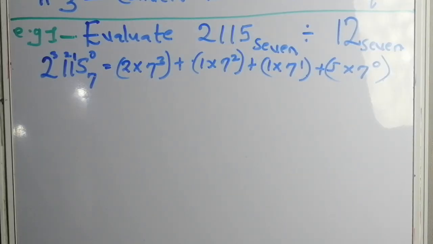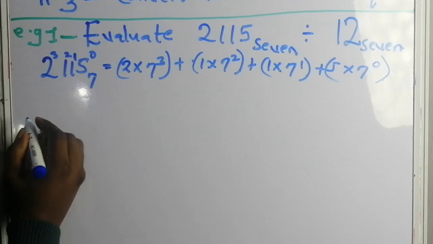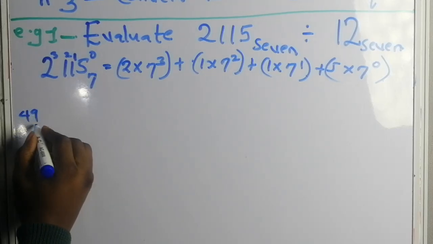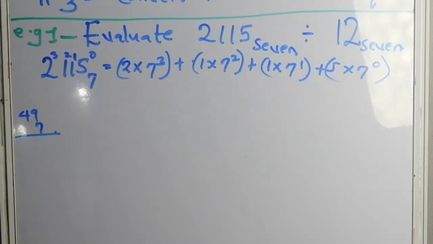So we want to quickly convert 2115 base 7 to base 10. The question we need to ask ourselves: 7 times 7 is what? 7 times 7 is 49. So we just do 49 times 7.